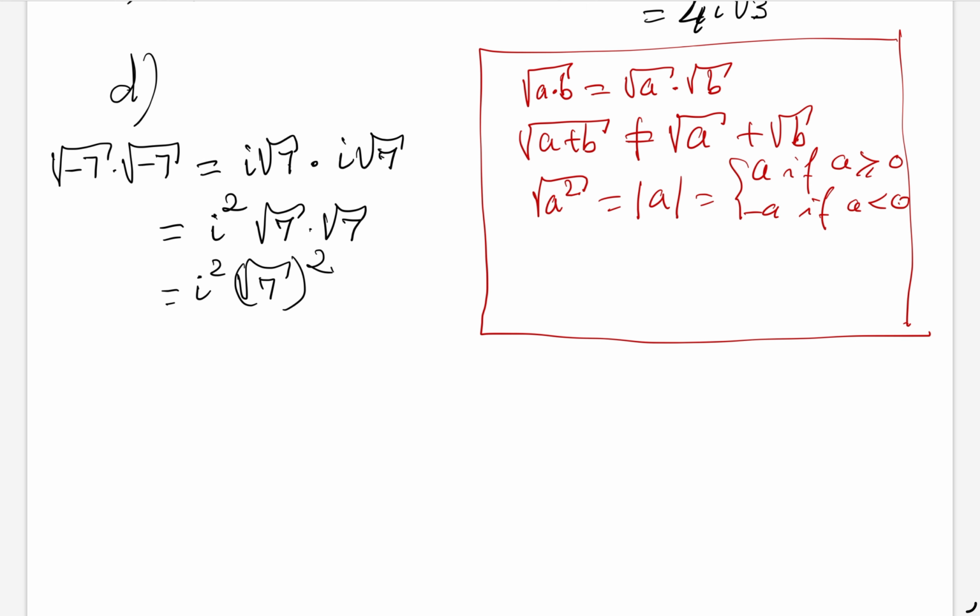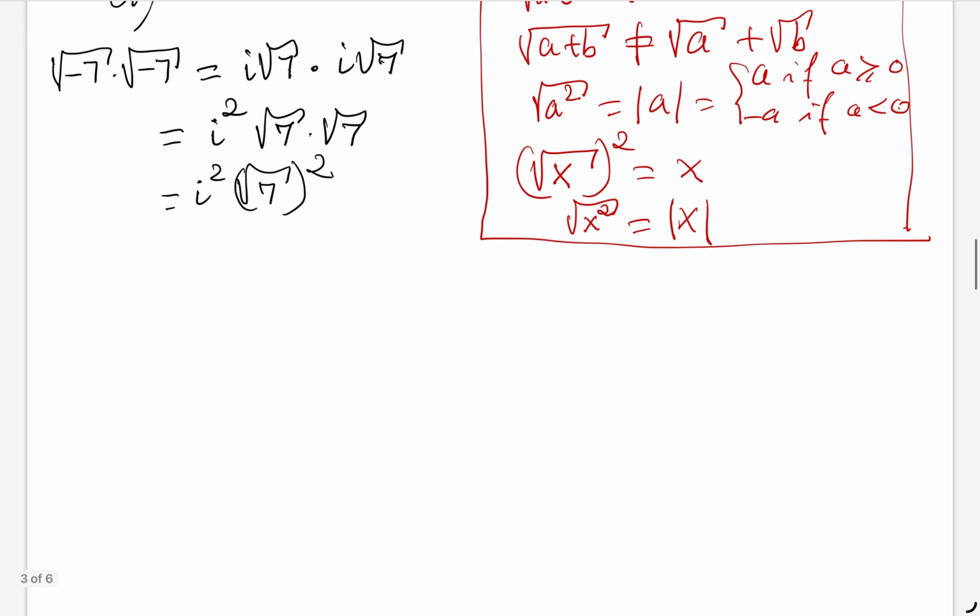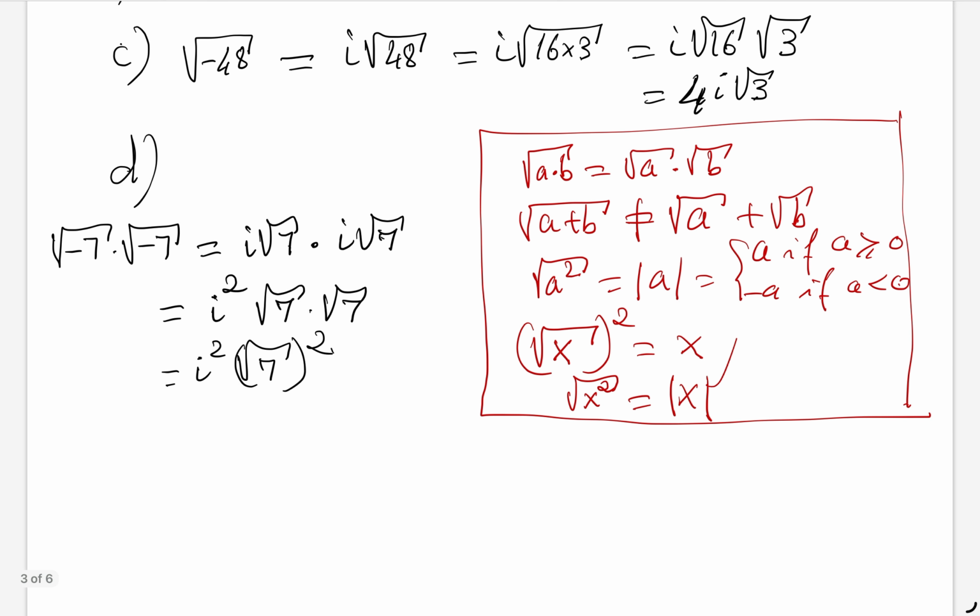Let me write down some formula here. The square root of x, for example, and you have everything squared is equal to x. The square root of x, with the square inside the square root, is equal to the absolute value of x. And then you can go down here to solve it. Got it? What I'm saying is up here.